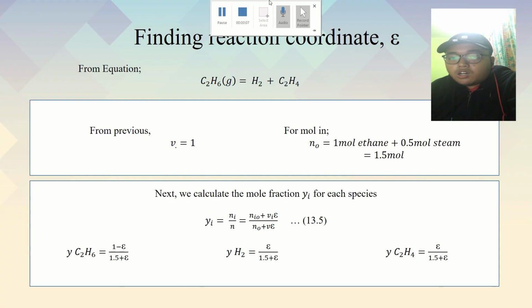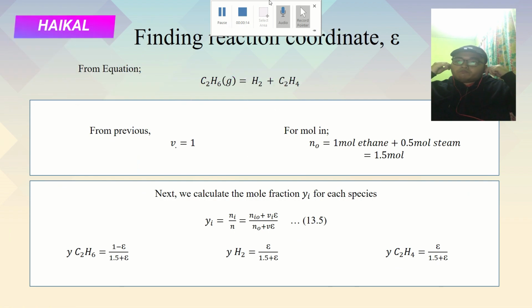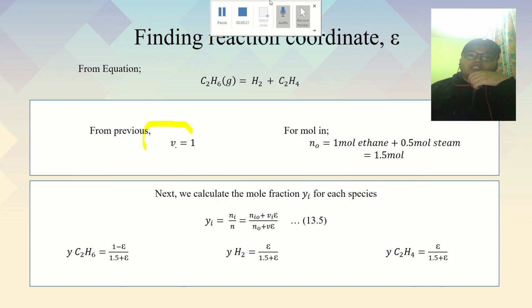Okay guys, the next step is to calculate the reaction coordinate. From the previous explanation from Dora, we get that the total stoichiometry for the whole system is positive 1, and the mole that came into the system is 1.5 mole.